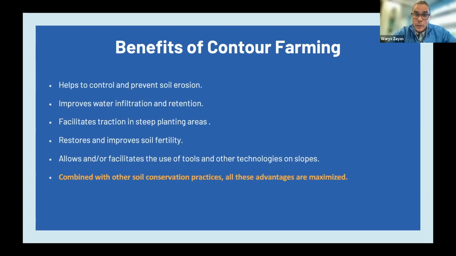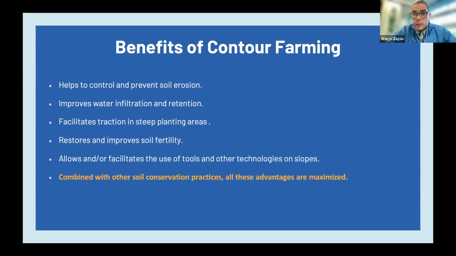We know very well how hard it sometimes is to work on farms in the hills, right? So contour farming allows us to have better traction and makes the day-to-day labor easier on farms, especially in the mountain regions, right?